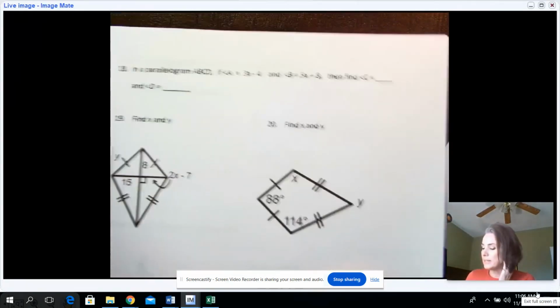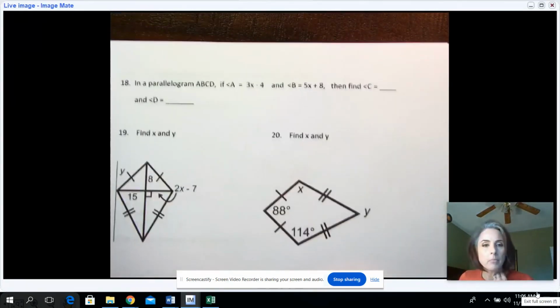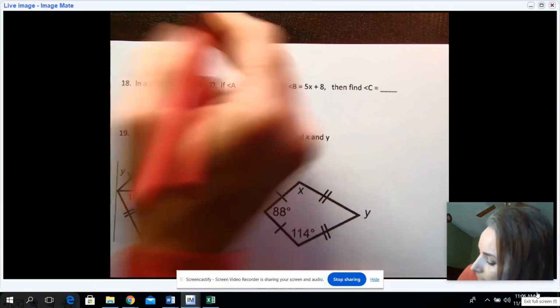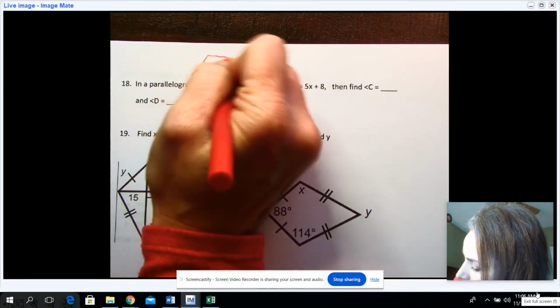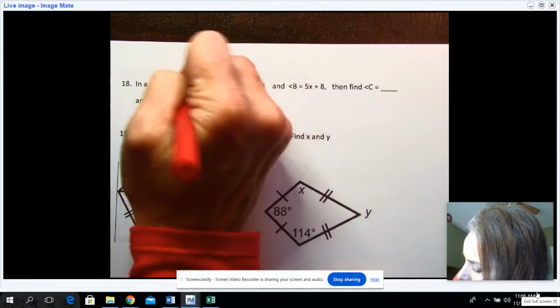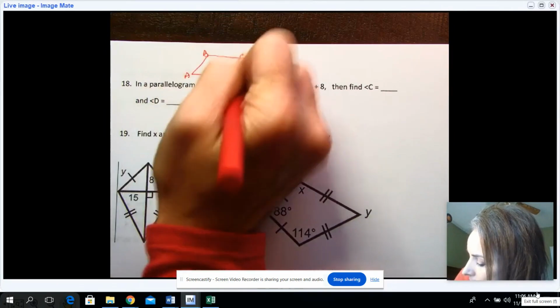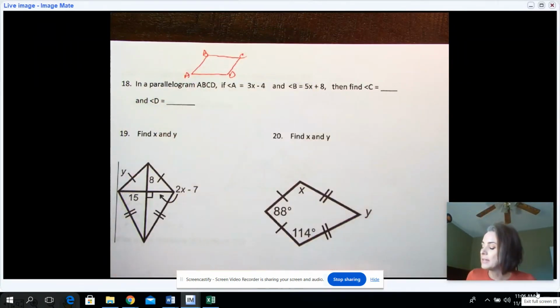All right, number 18. In parallelogram ABCD, so let's draw out parallelogram ABCD. Angle A is 3x minus 4, and angle B is 5x plus 8.